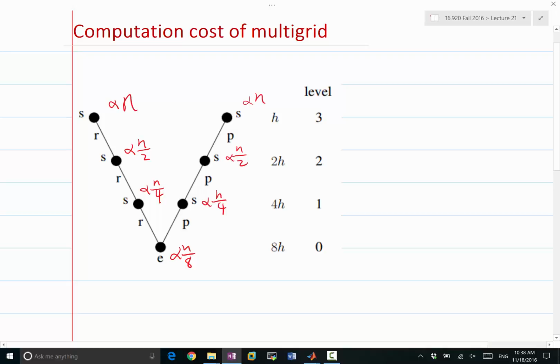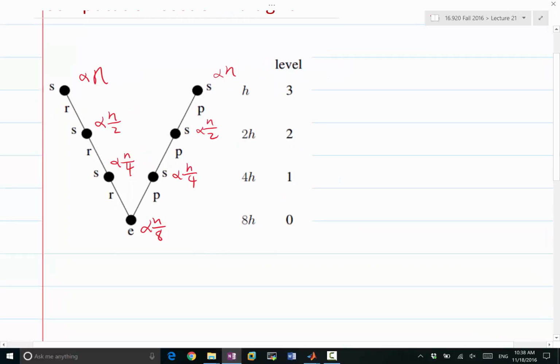So one multigrid cycle is going to have a cost of a constant times n plus half n plus a fourth n plus n over 8.